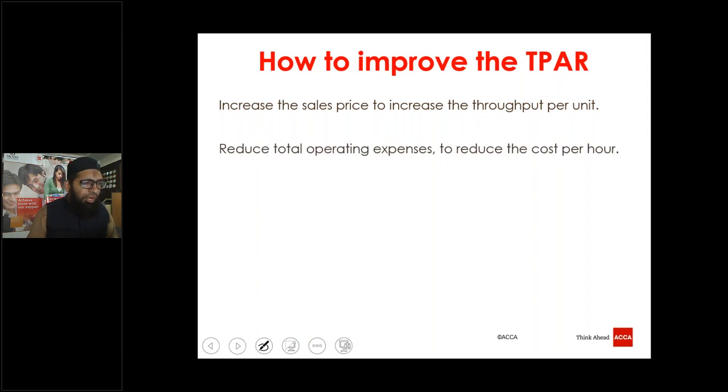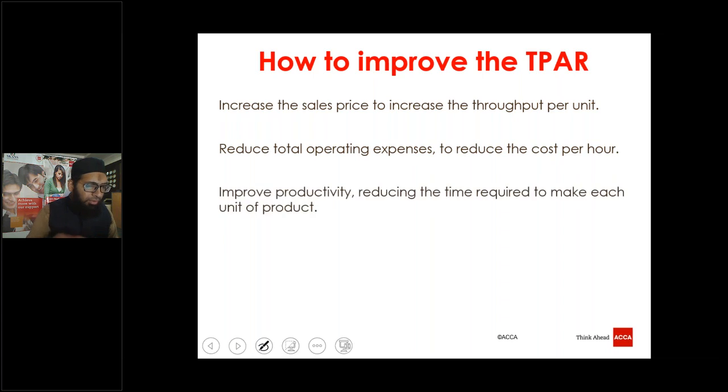Then we can also try to reduce the operating expense, because reducing the operating expense will reduce the cost per hour. We can also try to improve the productivity, that is reducing the time required to make each unit of product, because this will help us to produce more units.